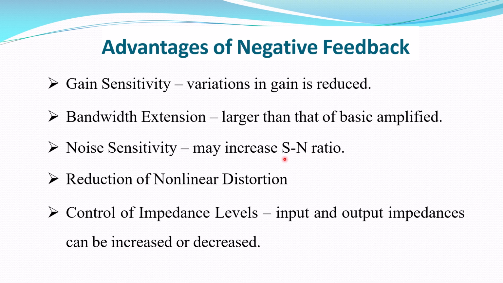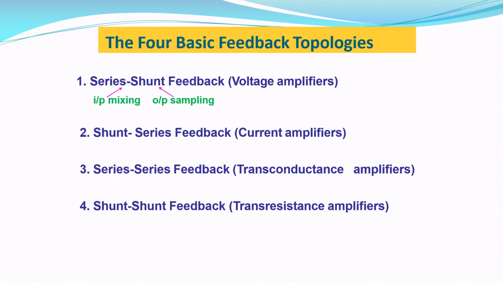The signal to noise ratio also gets improved due to the negative feedback. And next one, reduction of nonlinear distortion. In negative feedback, the noise will be low, and we can control the input impedance and output impedance of the negative feedback amplifier circuit.